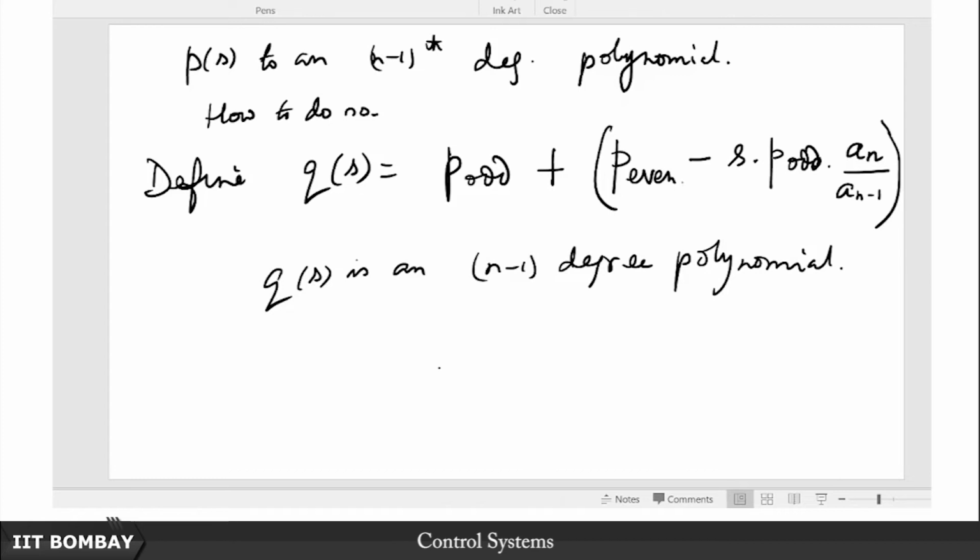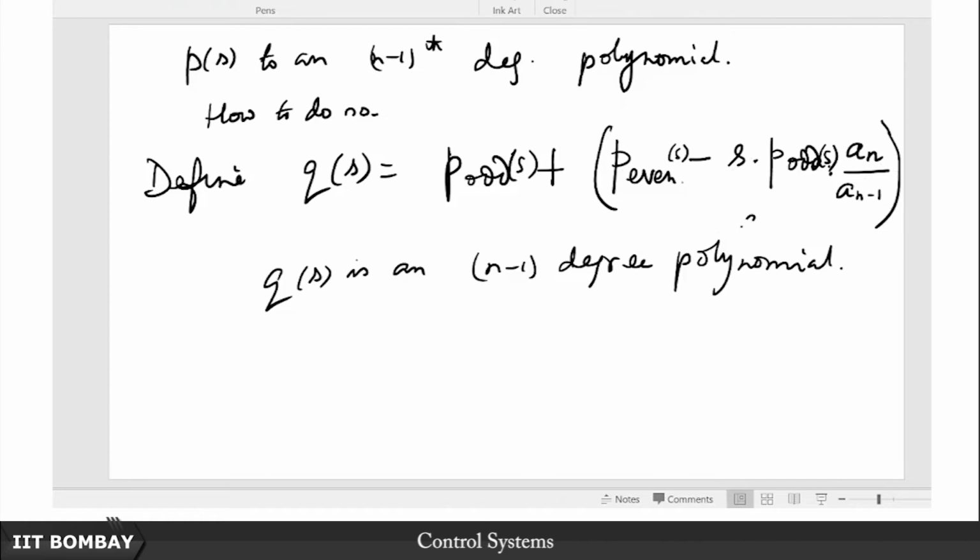Not just that, the beautiful thing now is that if the original polynomial p had the interlacing property, then this, so again I have dropped this argument in s here, maybe you can put it back in. Of course this part of the claim is very easy to see, that it is going to be an n minus 1th degree polynomial. If you subtract this, so you are taking the even part and subtracting s times an upon an minus 1 times the odd part.